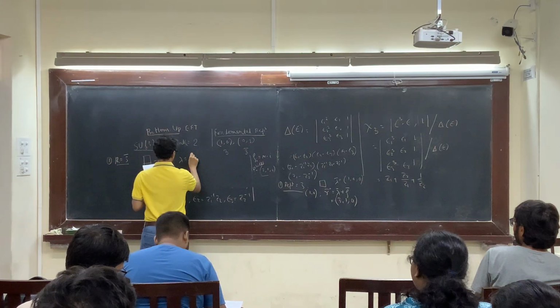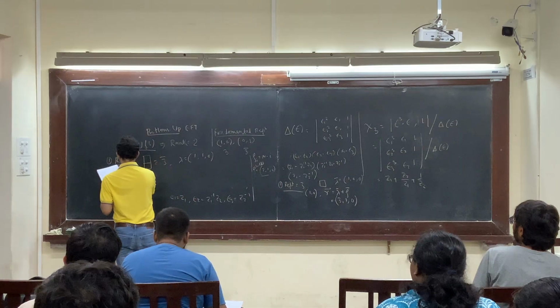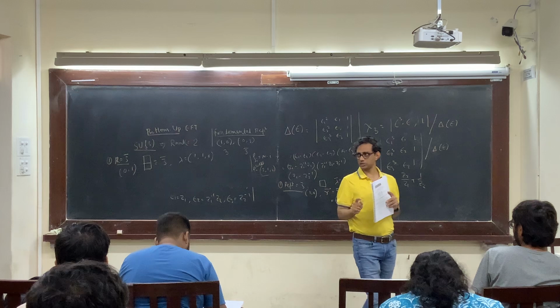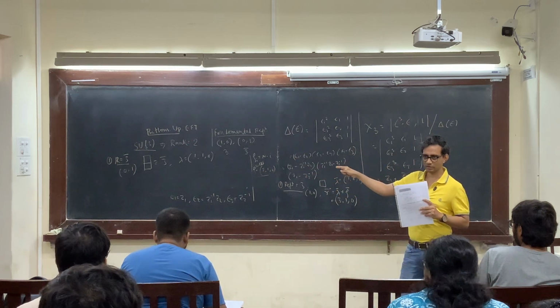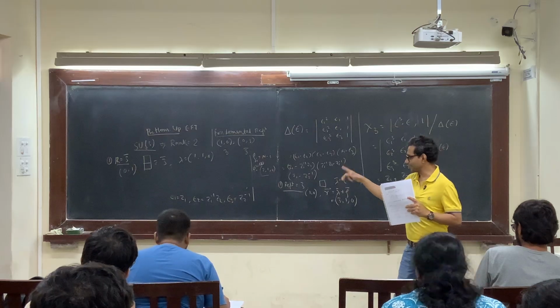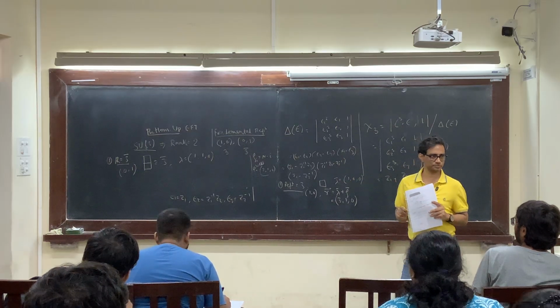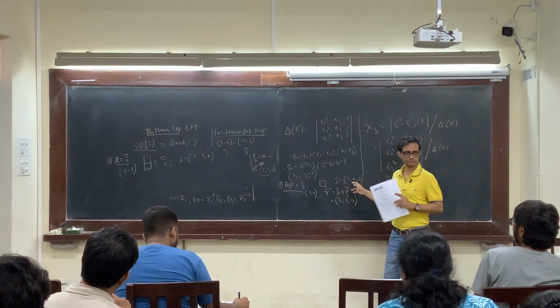So automatically lambda will be 1, 1, 0. But also my representation Dynkin label is basically 0, 1. So your job is to use that Dynkin label. Now your A1 is 0, A2 is 1. So use this information and calculate the lambda, and you should be able to get this lambda as 1, 1, 0. And you can see this is a different lambda than this one.